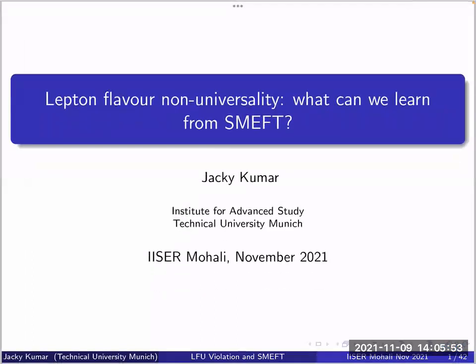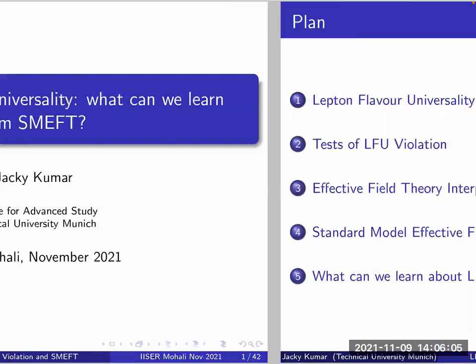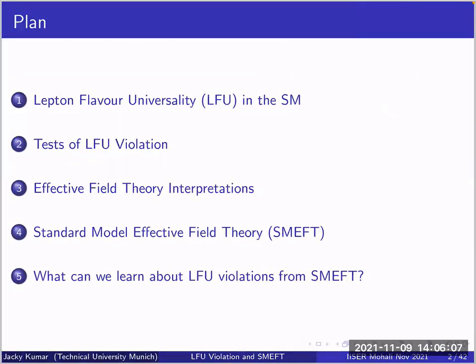So today I will be talking about lepton-flavour non-universality and what can we learn about it from standard model effective field theory. So this is the plan of my talk. First I will introduce what I mean by lepton-flavour universality in the standard model. This is a property which is present in the standard model, and then I will talk about how you can test such a property.